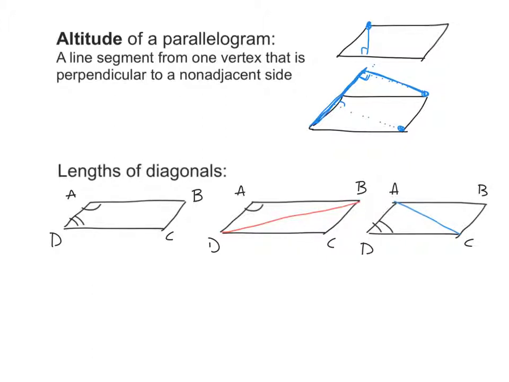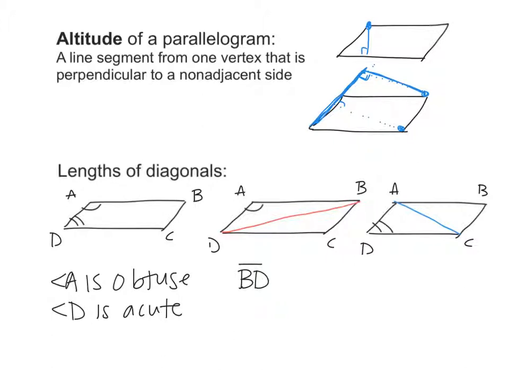Okay, so let's say that angle A is obtuse and angle D is acute. So what does that tell me about segments BD and AC? I know that this angle is obtuse and this angle is acute. So what does that tell me about this segment versus this segment? You can even tell from the picture. BD is much greater than AC.